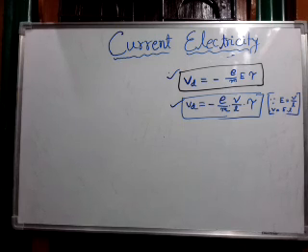Now, what is the relation between drift velocity and current density? Very easy.